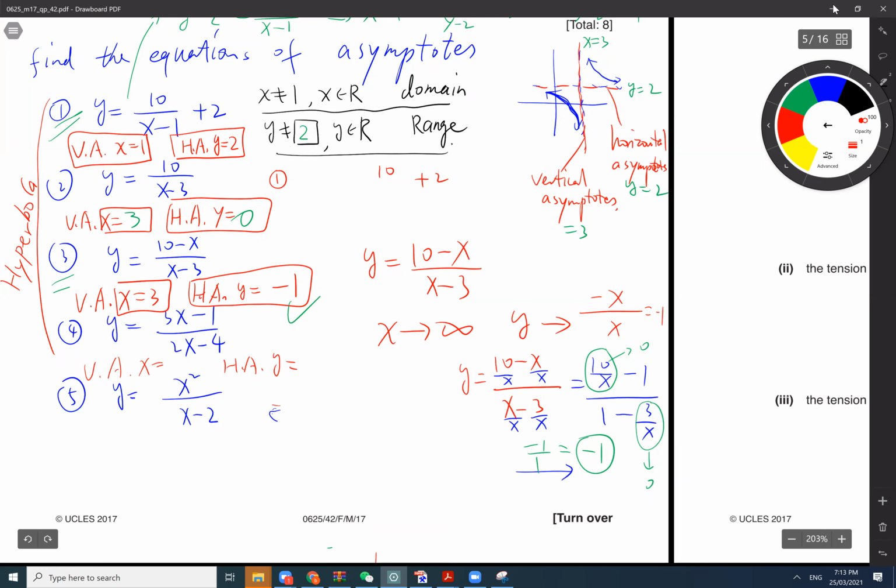For number 3, if you make x the subject, you can also prove y cannot be -1, or asymptote y equals -1. For number 4, x equals 2 is correct, but y equals, what y equals?